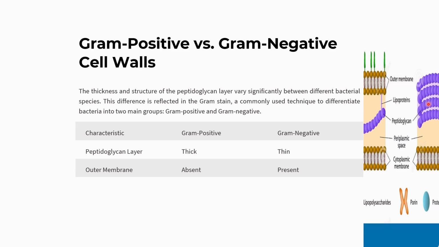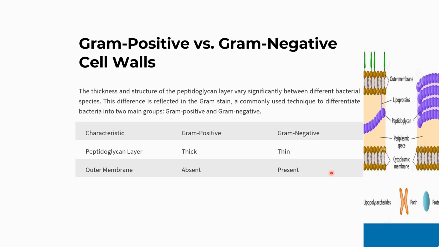In Gram-positive bacteria, you can see that they have a peptidoglycan layer which is thick and multi-layered, as in this figure. Teichoic acid is present, integrated with the peptidoglycan or attached to the cell membrane.